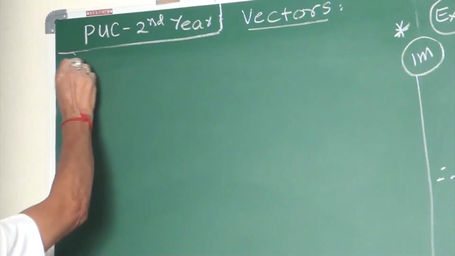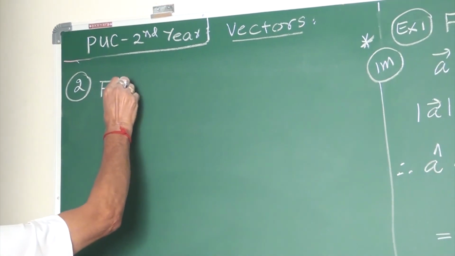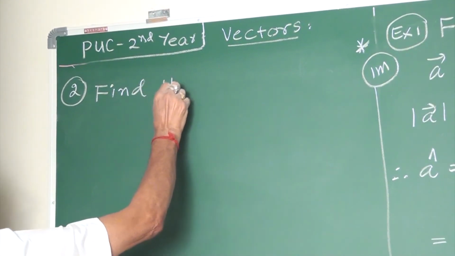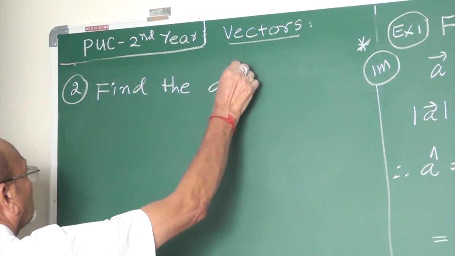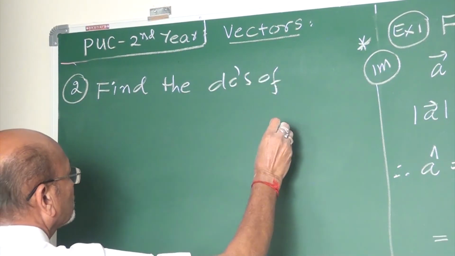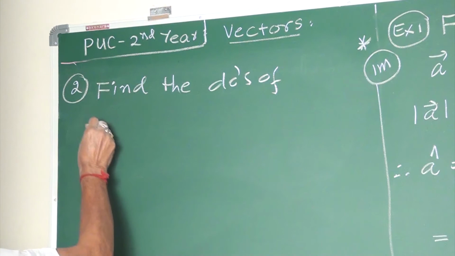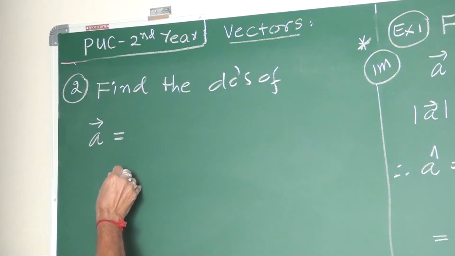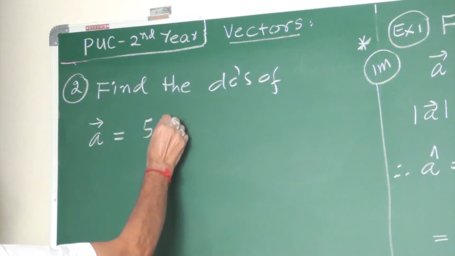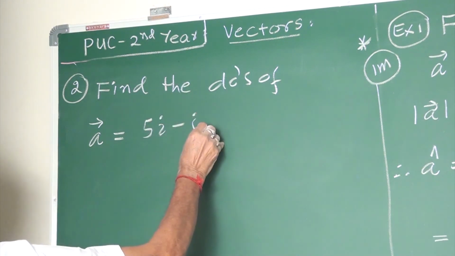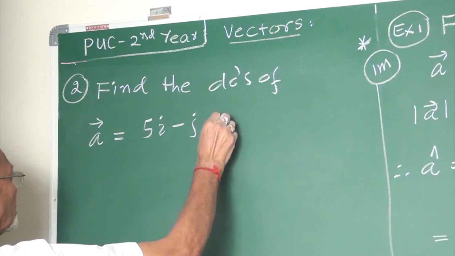This is the second example. Find direction cosines of the vector A equal to 5i minus j plus 2k.